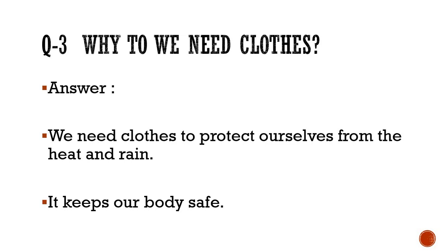Humans need clothes to protect themselves from heat and rain. You see, clothes are of different types. Some protect us from the heat, some protect us from the rain, some protect us even from the cold climate, cold weather. In short, it keeps our body safe. It keeps us safe from every climatic change. So in short, this is the answer.